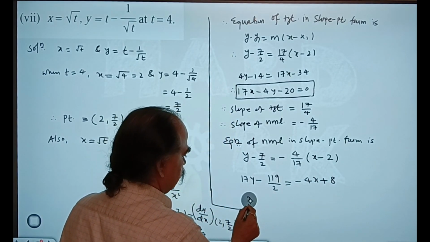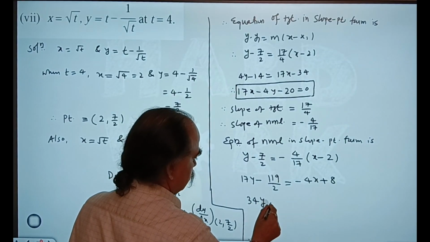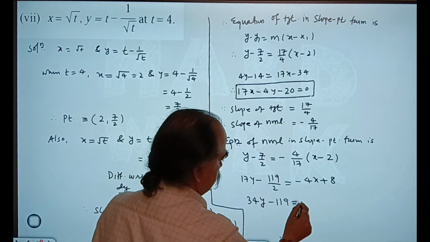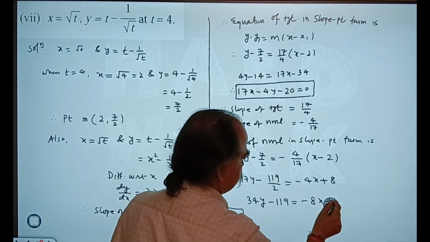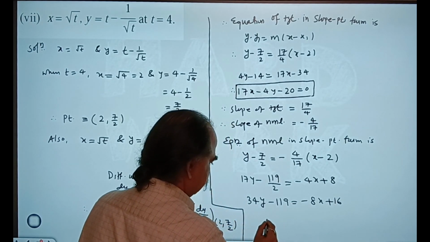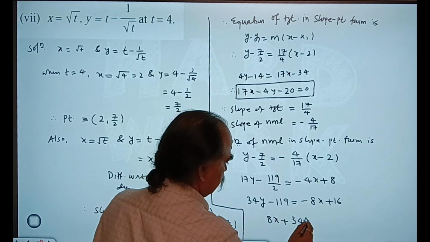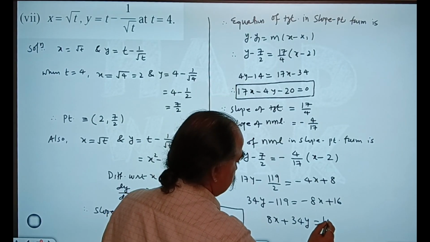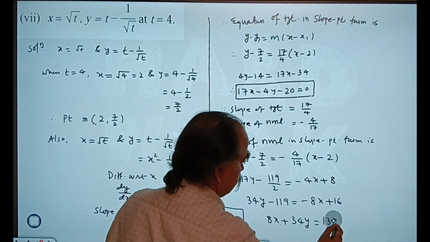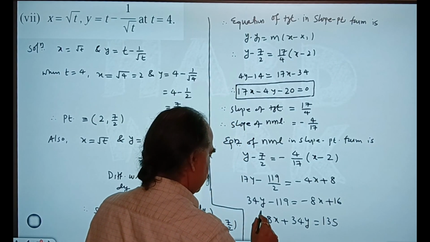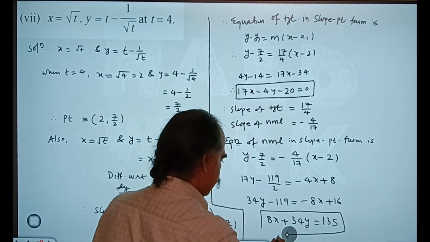So 34y minus 119 is equal to minus 8x plus 16. 8x plus 34y is equal to 135. This is the equation of normal.